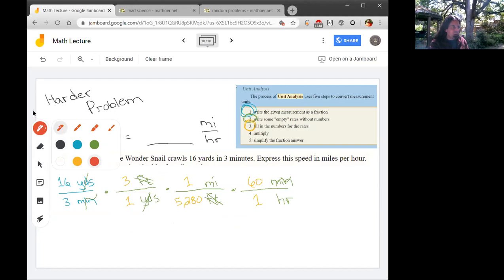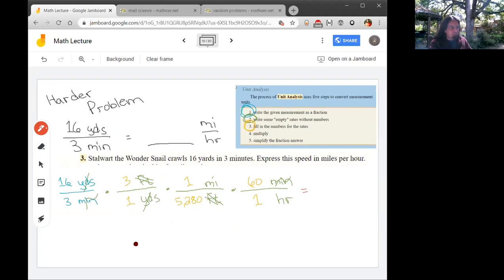Okay, multiply. I multiply across the top, 16 times 3 times 1 times 60. If you wanted to write that out, you can. Whoops, I did plus, that's not going to work. So 2,880. What words are left in the top?